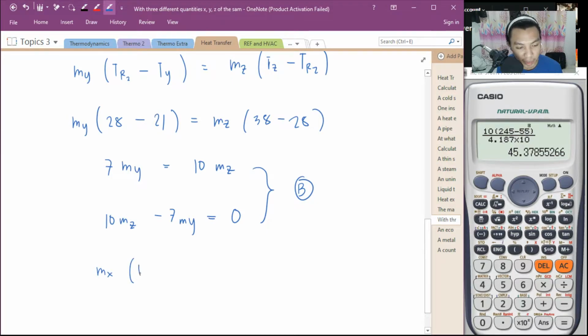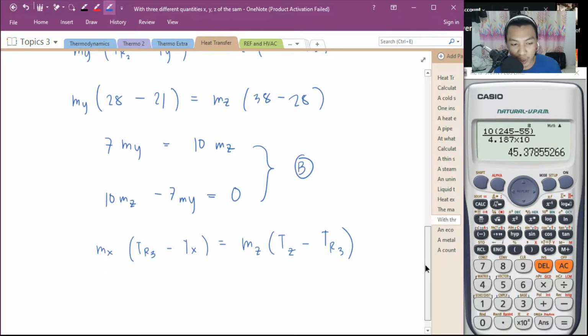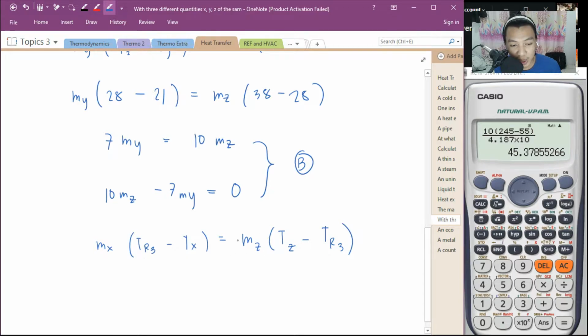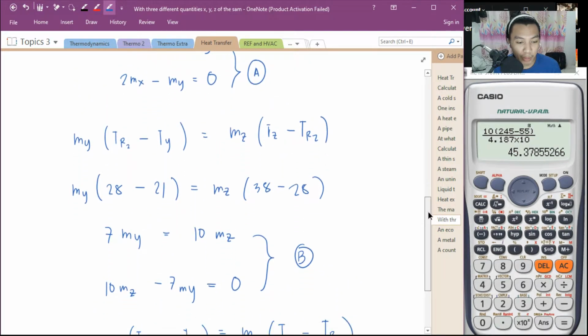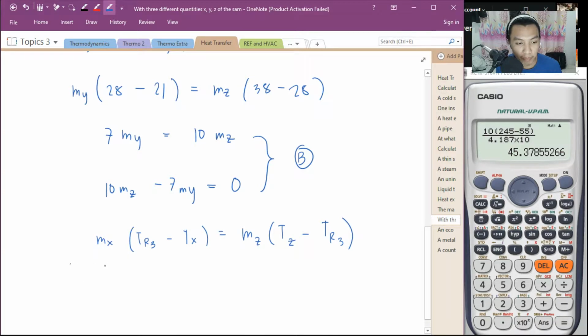MX, the resultant temperature 3, TR3 minus TX equal to MZ times TZ minus TR3. Now, pwede nating isolve dito yung value ni X para maging single out lang to. Okay? MZ lang. Set aside muna natin to sa equation na to.